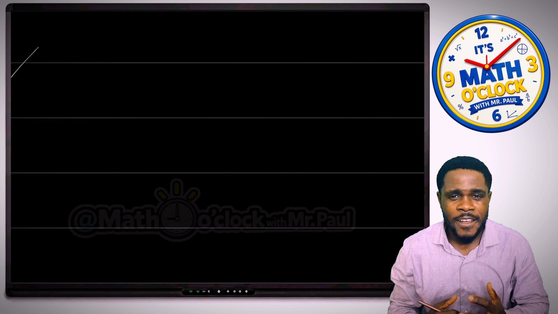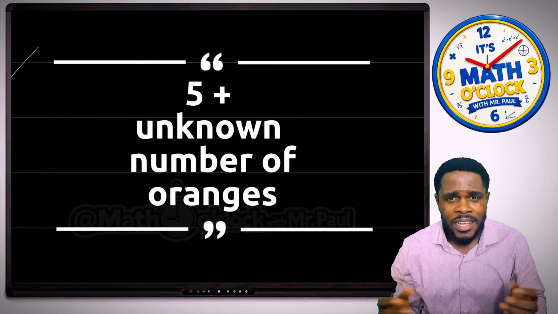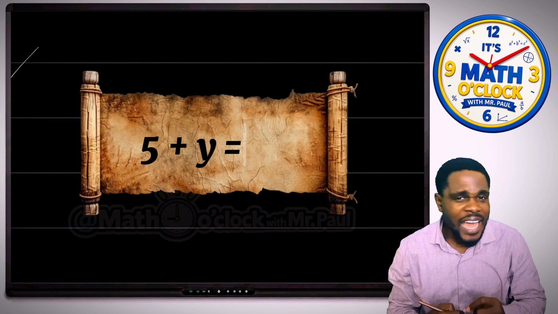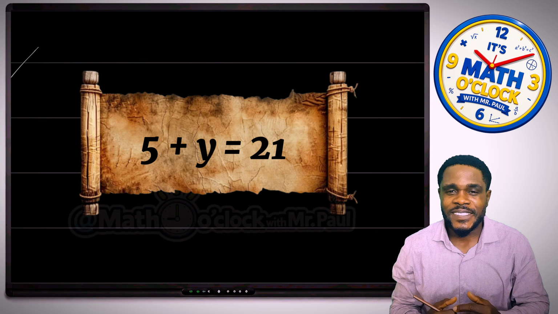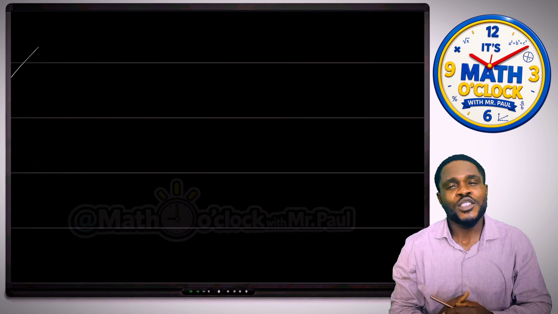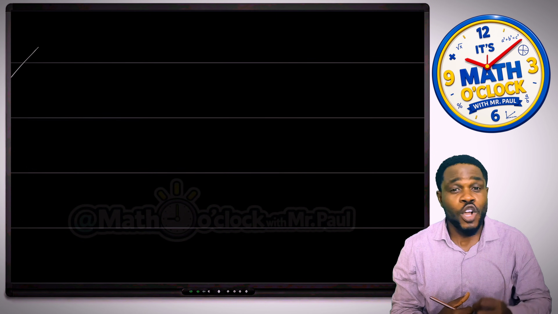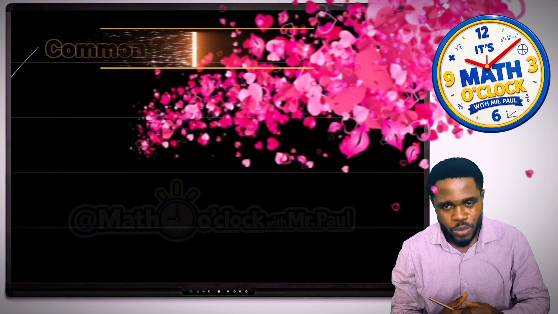Instead of saying 5 plus an unknown number would give me 21, I could say 5 plus y is equal to 21. Isn't that simple? Well, to proceed further, it would be very important that we discuss some of the common terms that are used in algebra.